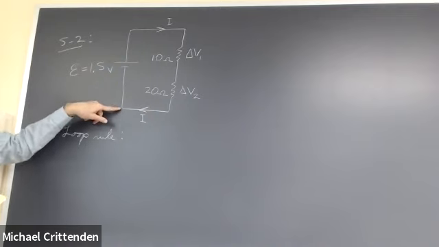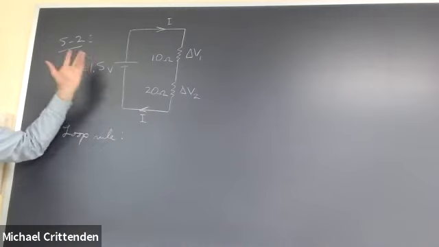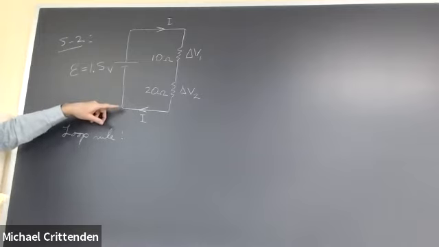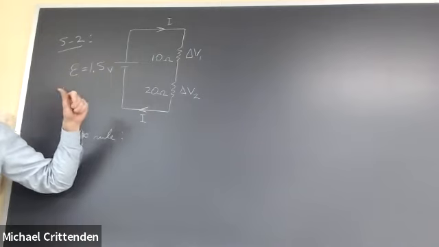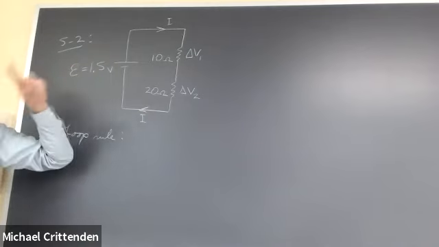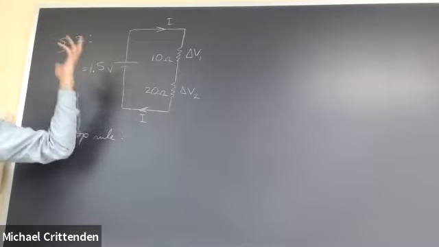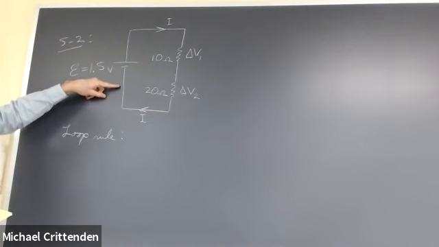So I'm going to start here at the lower left-hand corner for no particularly good reason. It's just as good a spot to start as any. And I'm going to go around clockwise, again, not for any particularly good reason. It's just as easy and just as correct if you go around the loop in the other direction.